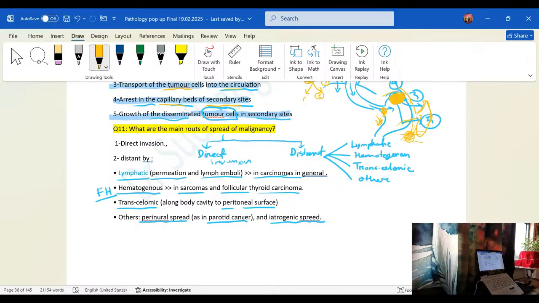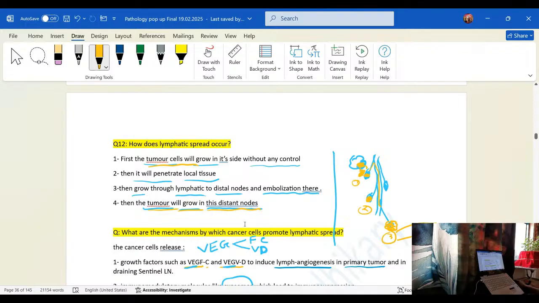Hematogenous spread is typical of sarcoma. Transcoelomic spread occurs along the body cavity to the peritoneal surface, and there is also perineural invasion.